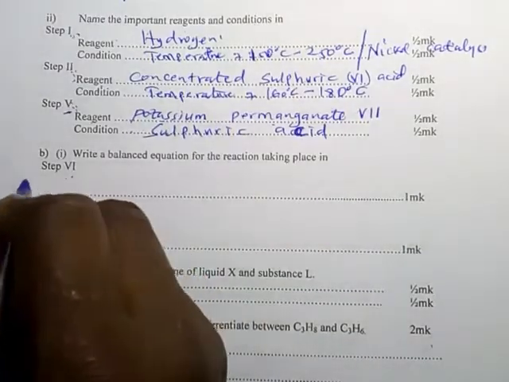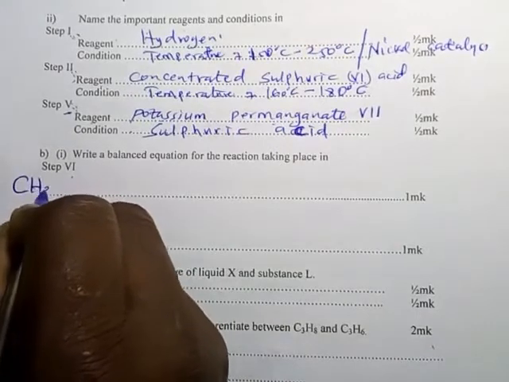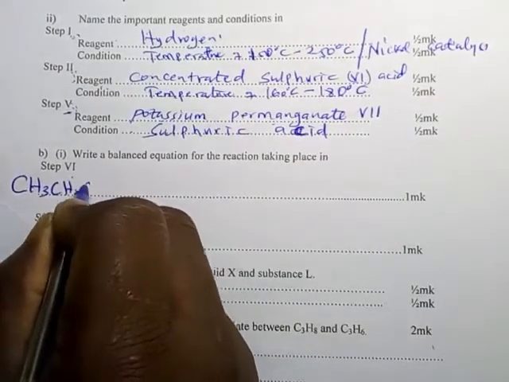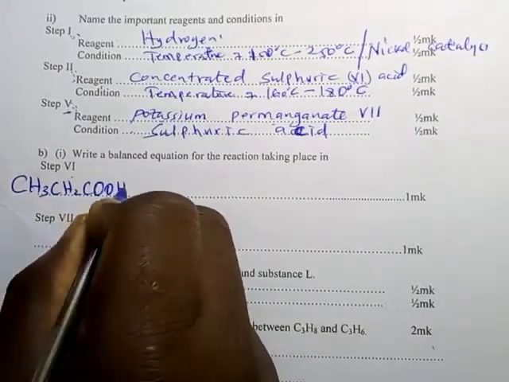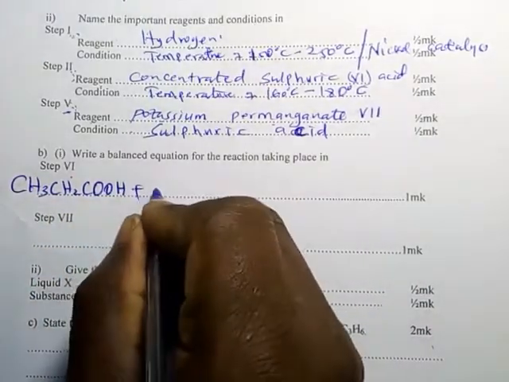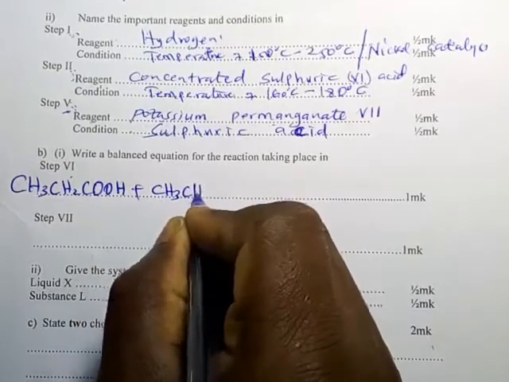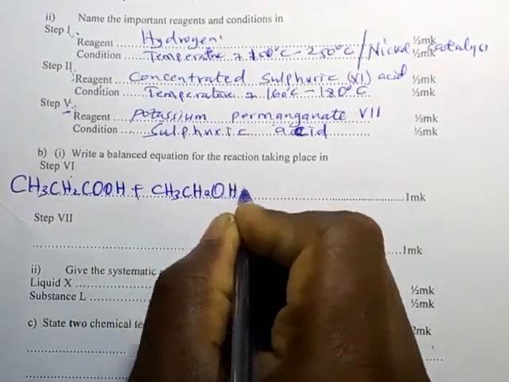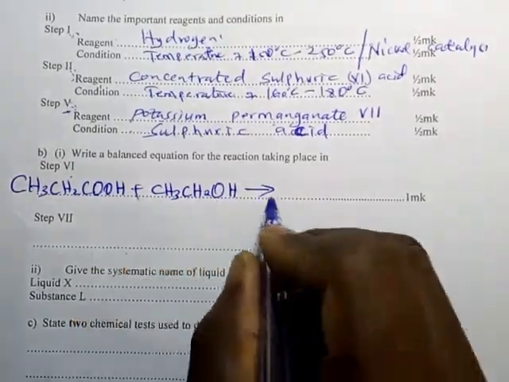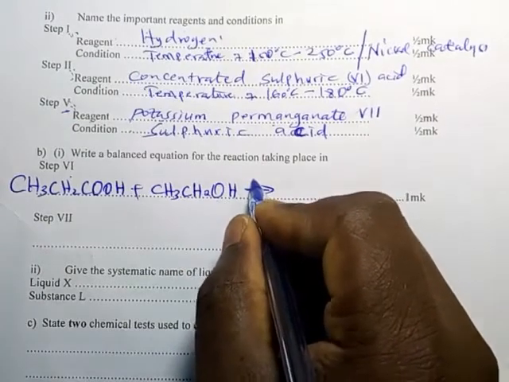So propanoic acid is CH3CH2COOH, that is propanoic acid, and then plus ethanol, CH3CH2OH, which will react in the presence of sulfuric acid.